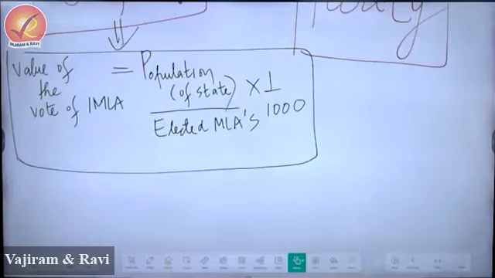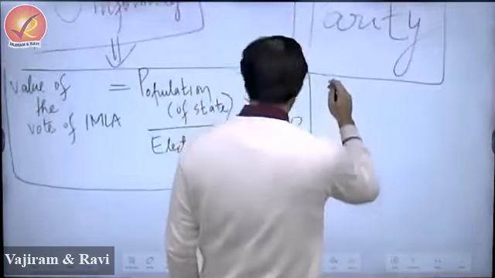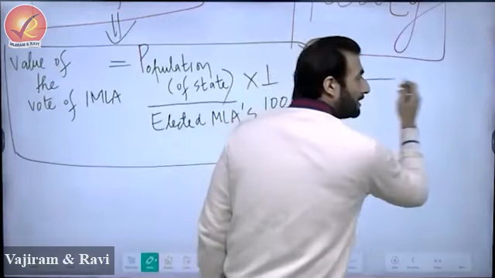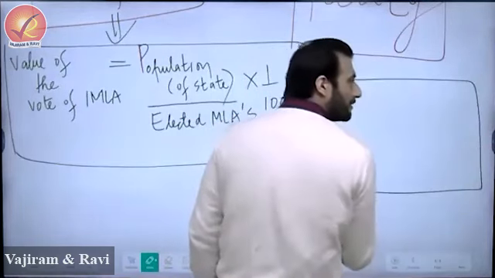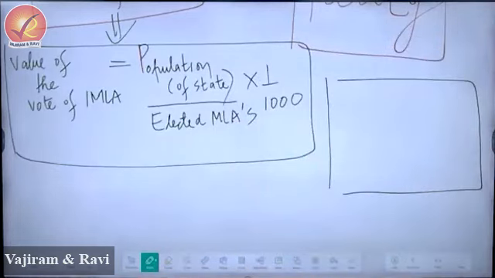So, uniformity between the states. And this is interesting. How will you have parity between center and states? Tell me, I'm asking you. Have a thought. Don't get conscious of the people. Think, how will you have parity between center and states?